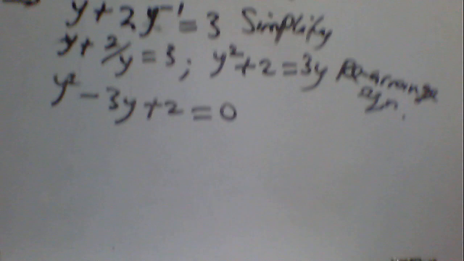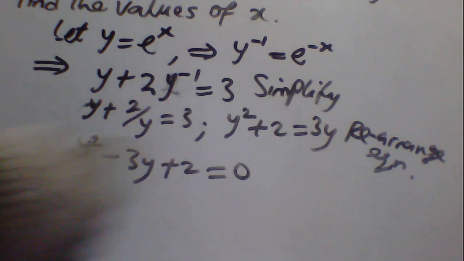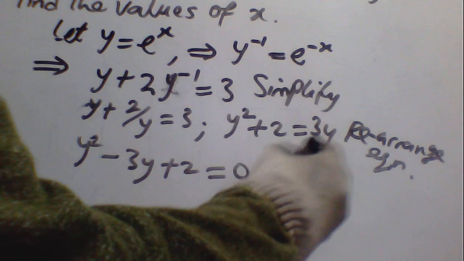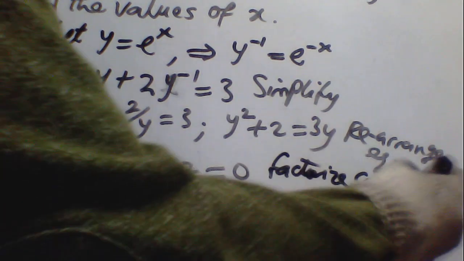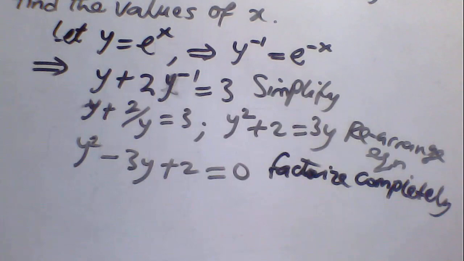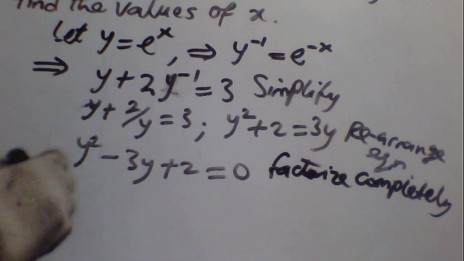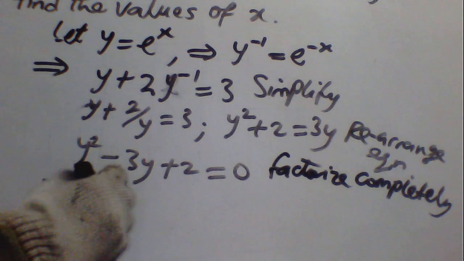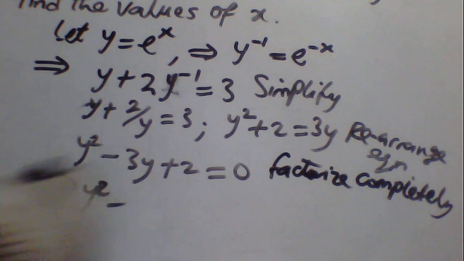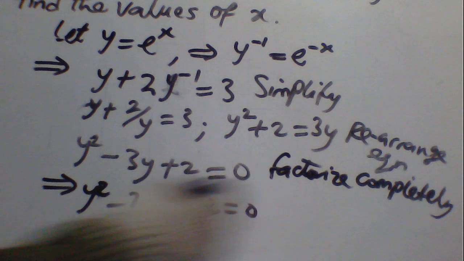So from here we now have a quadratic equation in y. The next thing we have to do is to factorize completely. This implies y squared minus 2y, splitting this, minus y plus 2 is equal to 0.